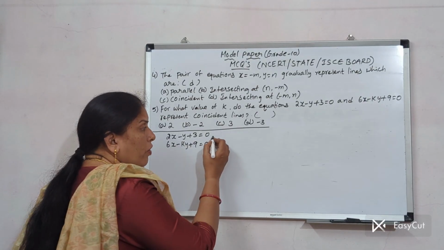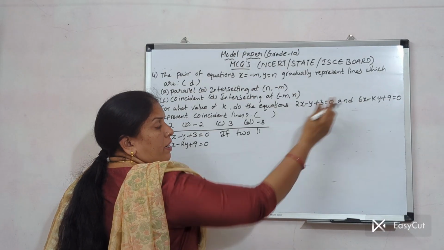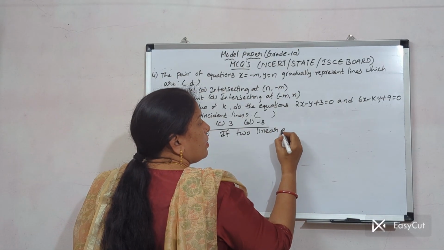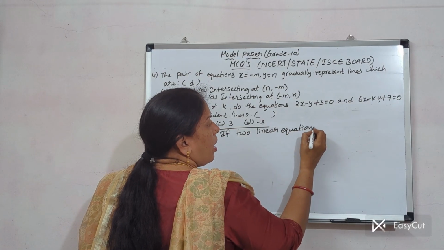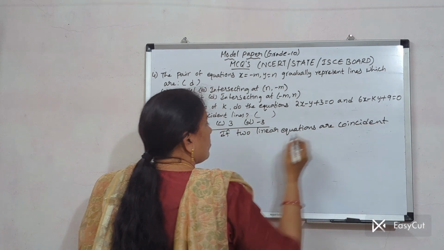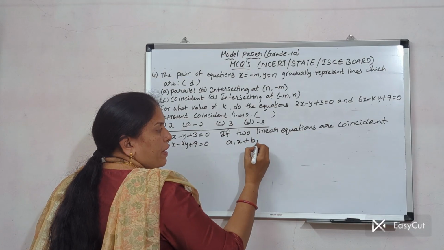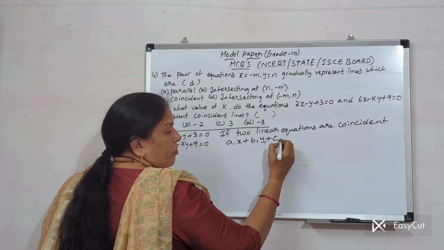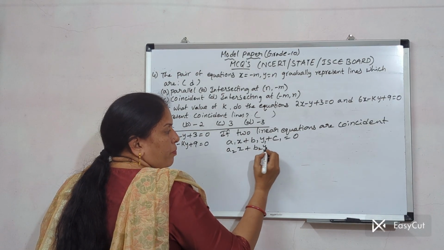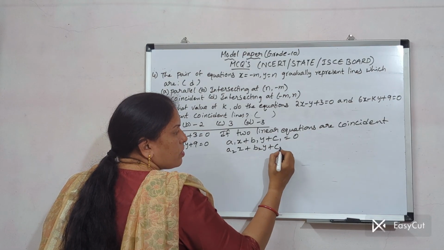See here, you know very well that if two linear equations are coincident, what are those two linear equations? a1x plus b1y plus c1 equal to 0, a2x plus b2y plus c2 equal to 0.